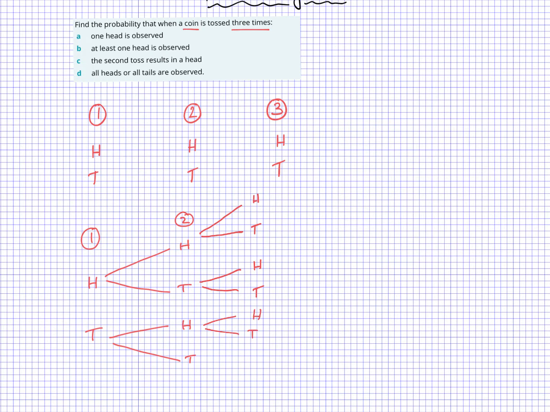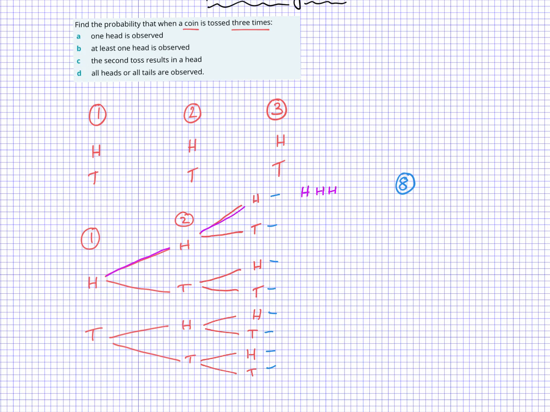So we can see here that there are 1, 2, 3, 4, 5, 6, 7, 8 possible results. So there's 8 total, and to find out what each one is, the sample space, we just go along the path through the rounds. So this one is head, head, head.